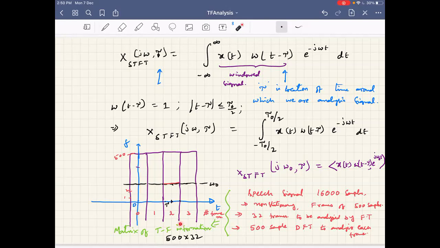That's why we are giving a matrix of 500 cross 32 dimensions to represent the time frequency information, at what different time durations, what all frequencies are present. So this is referred to as the short time Fourier transform, the short time Fourier transform matrix.